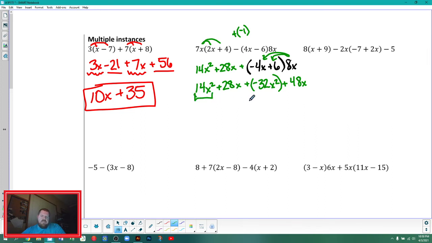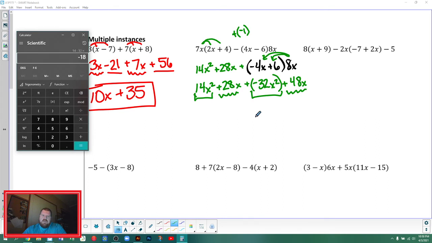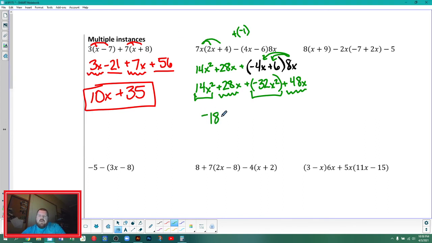I'll use my square brackets for my x squareds, and I'll use my squigglies for my x's. Okay, x squared wise, I have 14 and -32. I don't want to get it wrong, so we'll just do that. 14 minus 32 is -18, and those are my x squareds.